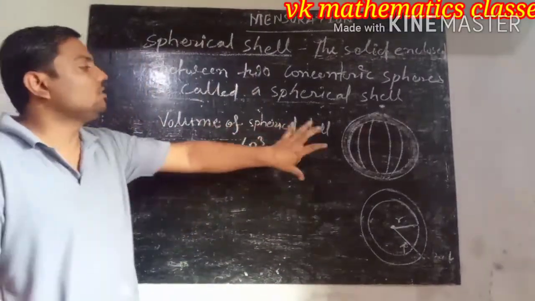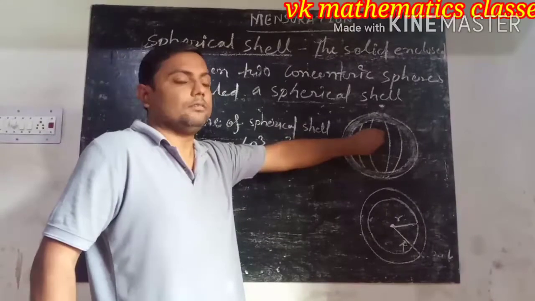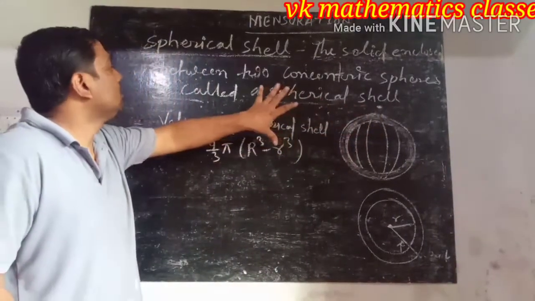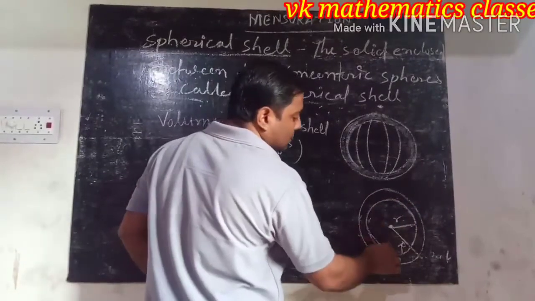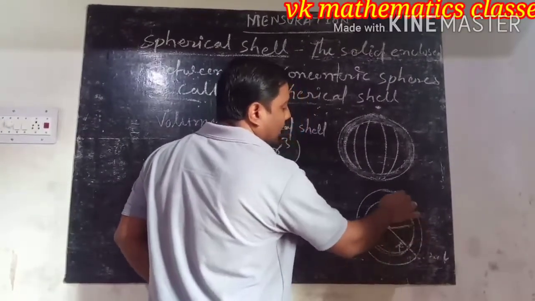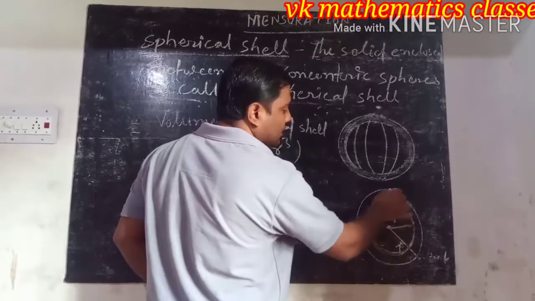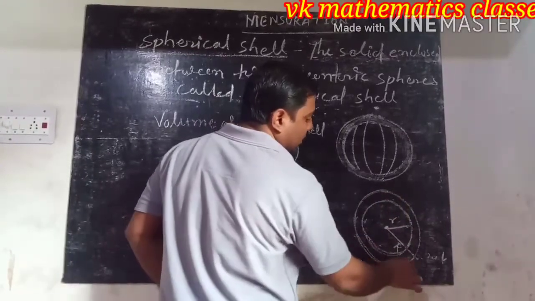So for the two concentric spheres, assume this is the inner sphere and this is the outer sphere.